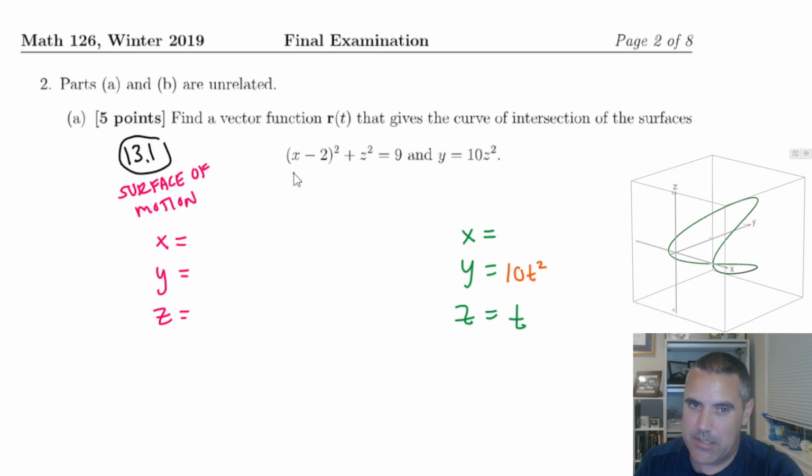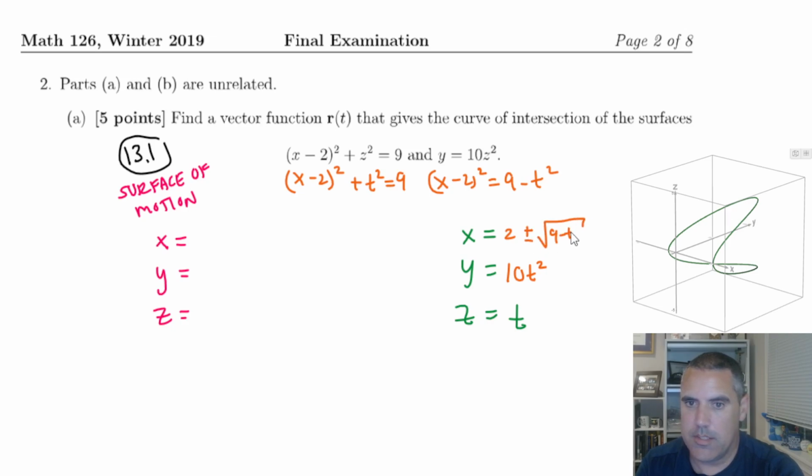That's going to get a little messier, and that's why this is an undesirable parameterization. But let's keep going. This would be t squared equals 9. Then you would solve for x. You would have x minus 2 squared equals 9 minus t squared. You'd have plus or minus the square root, so I think it's going to be 2 plus or minus the square root of 9 minus t squared. And that's a valid parameterization.